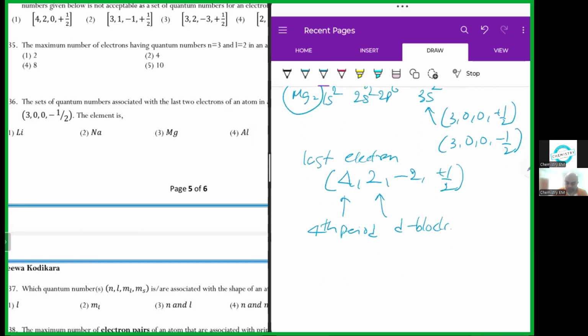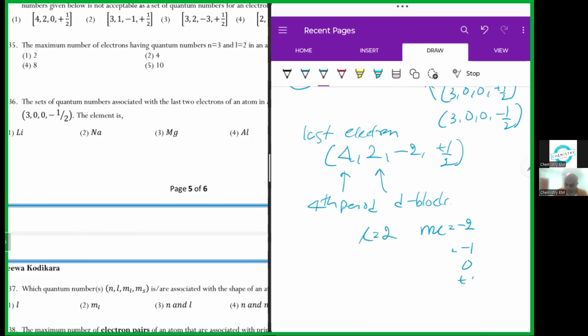So let's say L is equal to 2 now. ML is equal to minus 2, minus 1, 0, plus 1 and plus 2. Each of these has plus half and minus half, so each can hold 2 electrons.